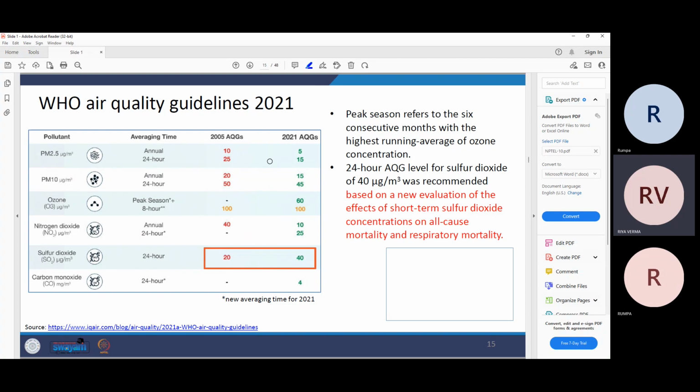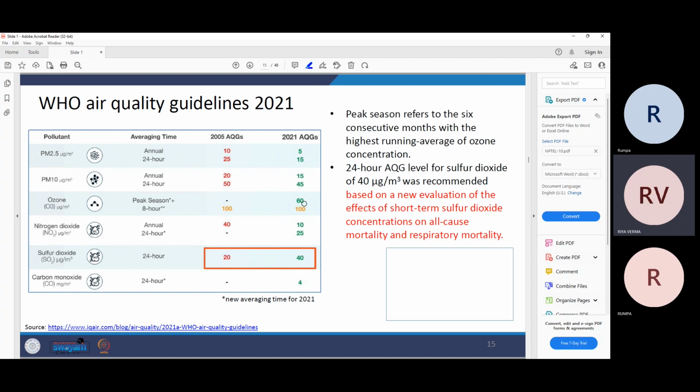Similarly, for PM10, the annual average was 20 in 2005, and it was reduced to 15 micrograms per meter cube in 2021. And for the 24-hour average, in 2005 it was 50, and it was reduced to 45 in 2021. For ozone, the peak season permissible limit was added, which was not in the 2005 guidelines.